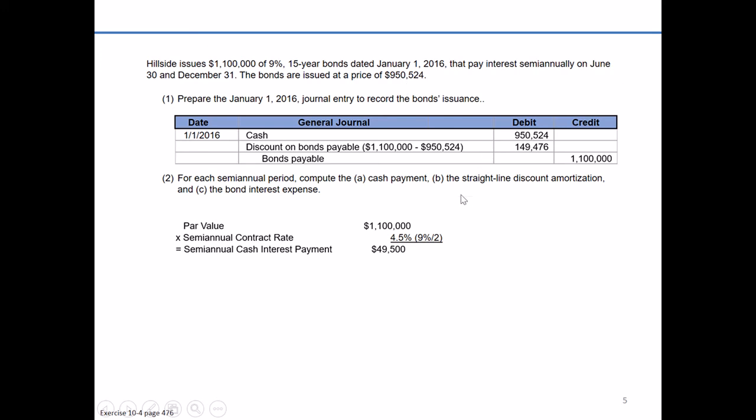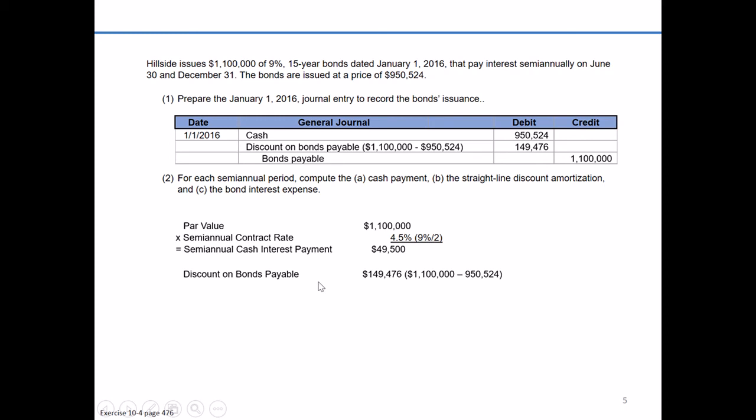They received $149,476 less. We have to do something with that. It actually increases the cost of this particular loan because they didn't get as much up front as what they're going to have to pay at the end. This discount is going to increase interest expense.